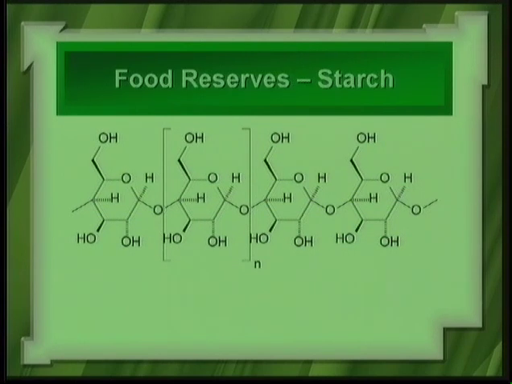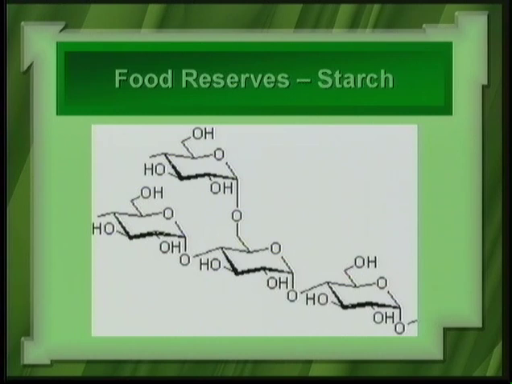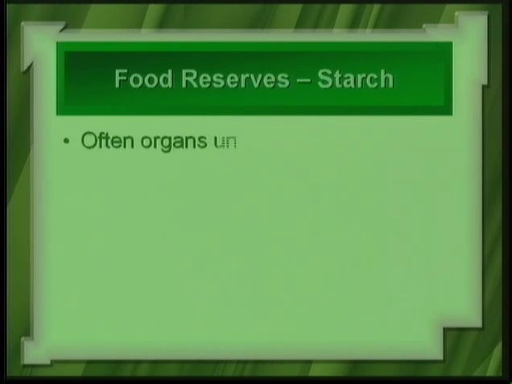Glucose is a monosaccharide, and you link up the glucose units to each other, and one way they could do it is to make starch. Another component of starch, of course, is amylopectin. So these are the two main components of starch, polymers of glucose. Remember that. We're going to talk about that a little bit later.